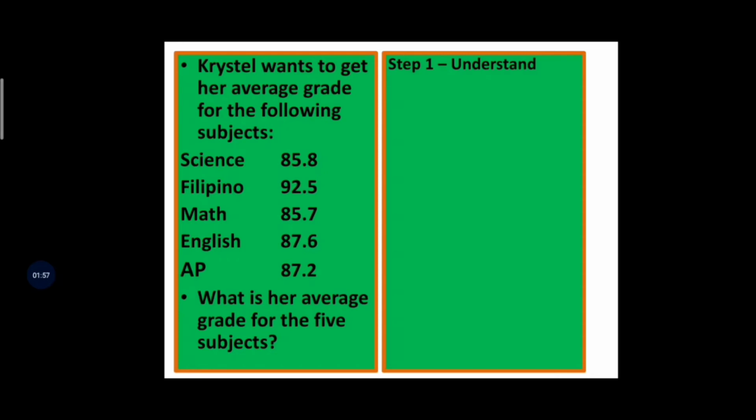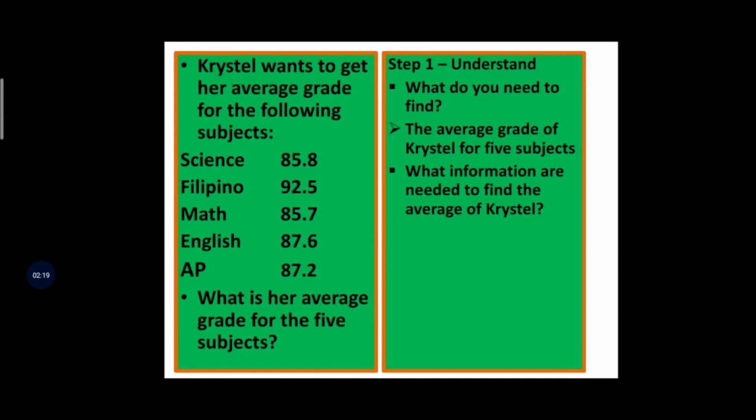So, ang napapaloob sa step 1 ay una, what do you need to find? Ano doon kailangan nating hahanapin dito? Dito sa problem na ito, ang ating hahanapin ay ang average grade of Crystal for 5 subjects. Then, another one na napapaloob dito sa step 1 ay, what information are needed to find the average of Crystal?